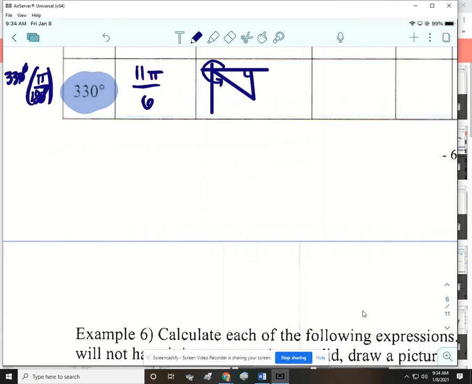We want the angle inside, so you may already know what that is, but whenever we're in quadrant 4, we're going to do 360 minus our angle, and that's going to give us 30 degrees inside there. Oh, it's really hard to see, sorry. Okay, so that means opposite of 30 is 1, hypotenuse is 2, opposite of 60 is the square root of 3.